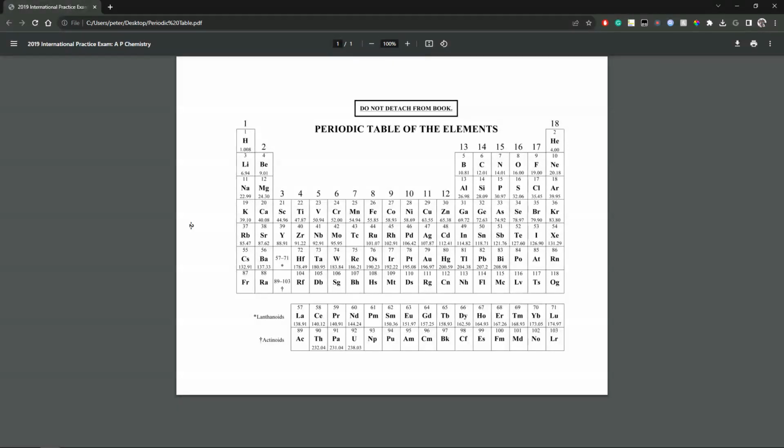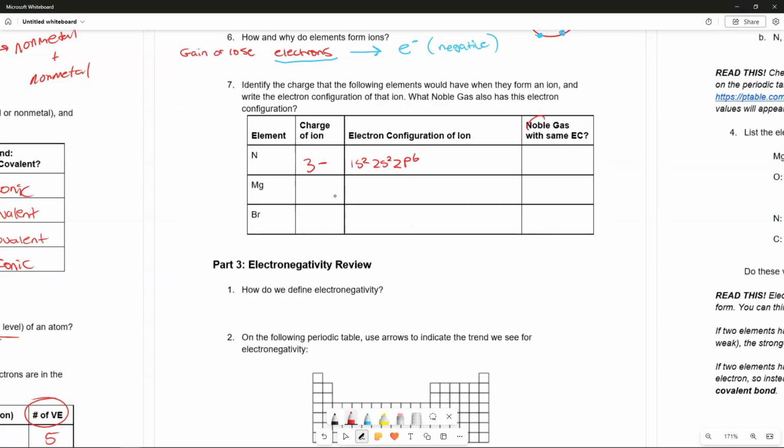You get element 10, neon. So the noble gas with the same electron configuration. Let's write this. If you're confused by what EC means, it's electron configuration. Don't confuse yourself. Noble gas is neon.